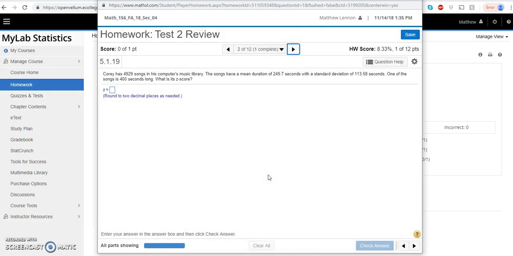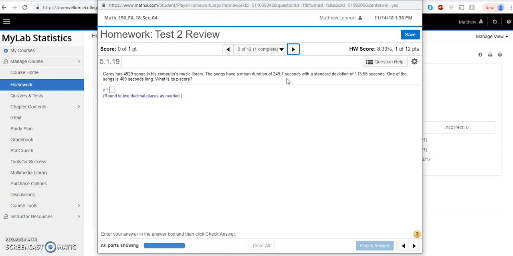So the next one, we have a music library, and the mean of the songs is 249.7 seconds, and the standard deviation is 113.58. And we want to find the z-score of a song that is 400 seconds long. So again, we're going to do the z-score, so you might want to have a calculator handy.